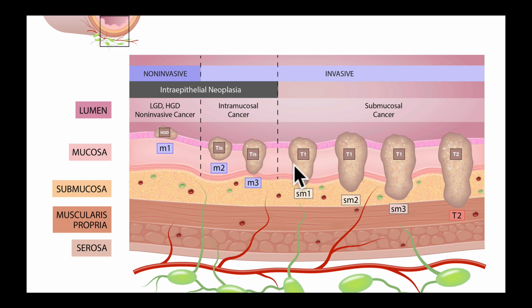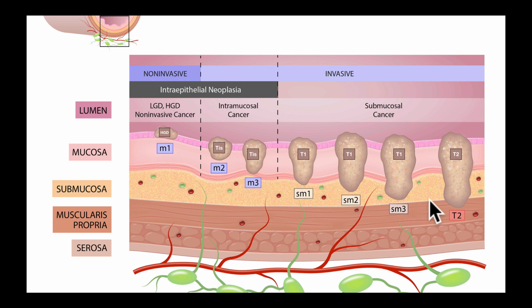When the cancer penetrates the muscularis mucosa, it is invasive submucosal cancer, SM1, SM2, or SM3, depending upon how deep the cancer extends into the submucosa, whether it is limited to the upper one-third, middle one-third, or going into the lower one-third as well.